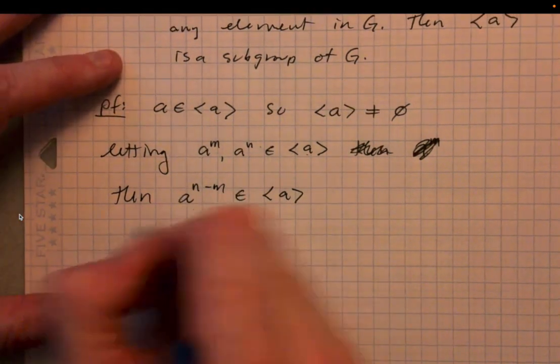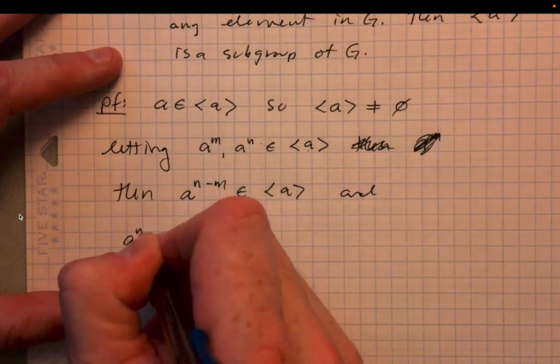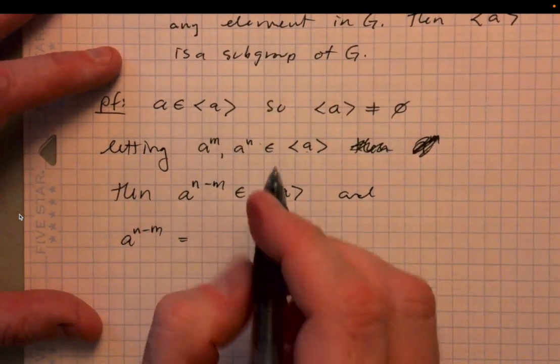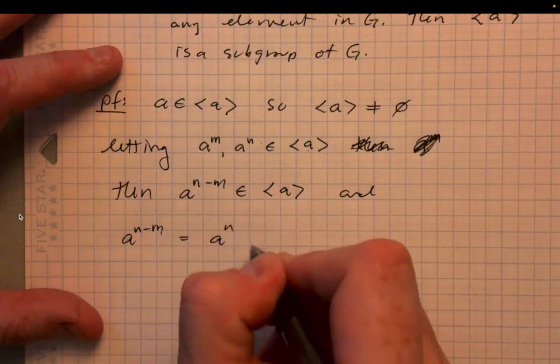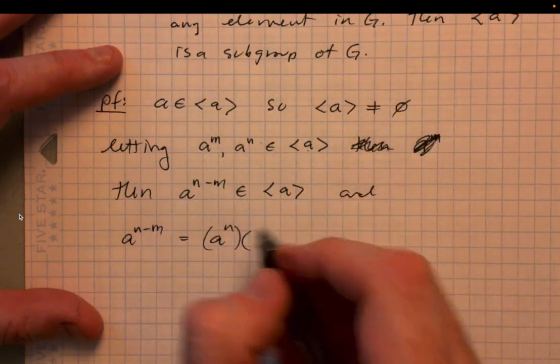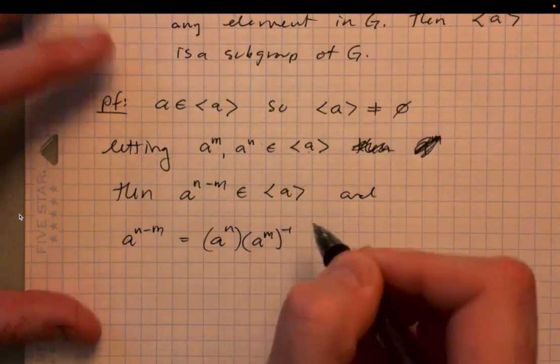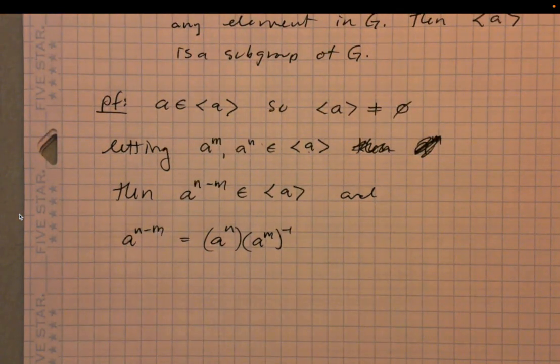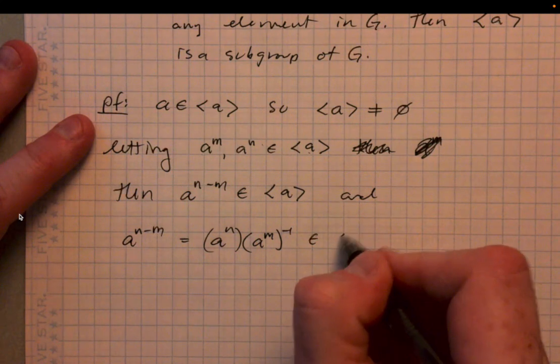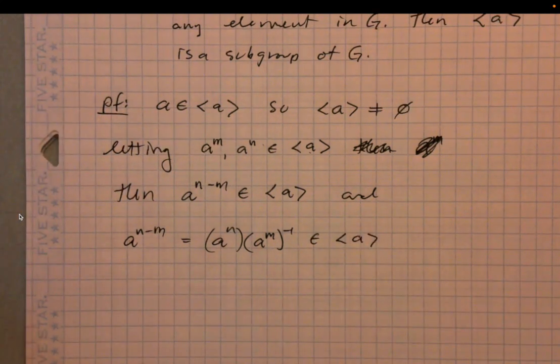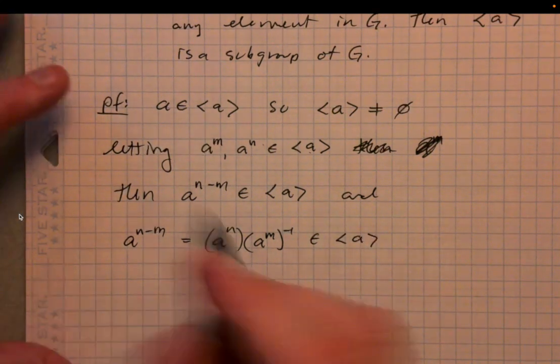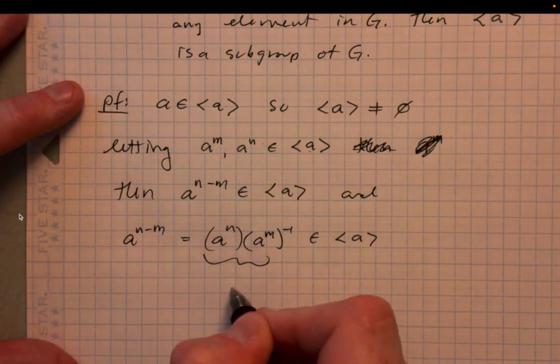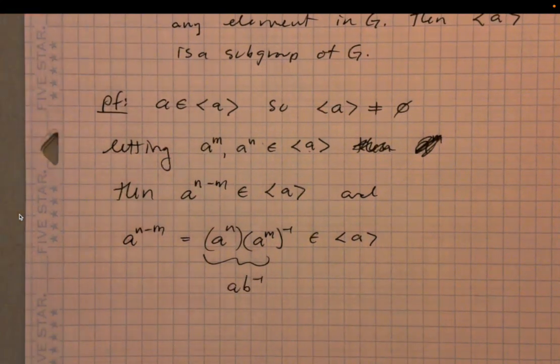Okay. And what is a to the n minus m? Well, it's equal to a to the n times a to the m, the negative 1 power, right? So that means that is in the subset as well. Okay, and what is this? Well, this is just the old familiar AB inverse. So your A is a to the n, your B is a to the m, B inverse therefore is a to the m inverse.